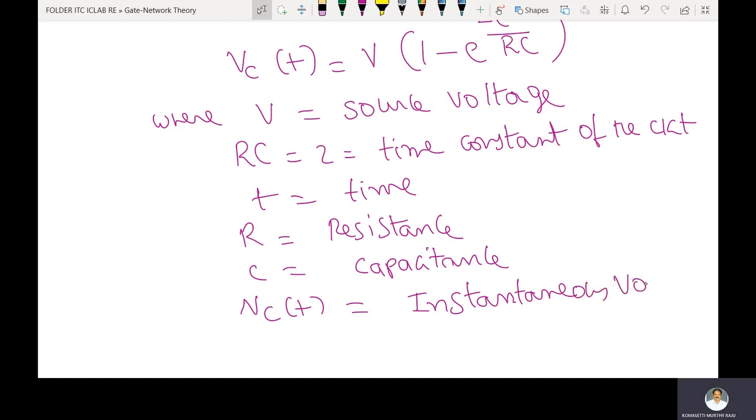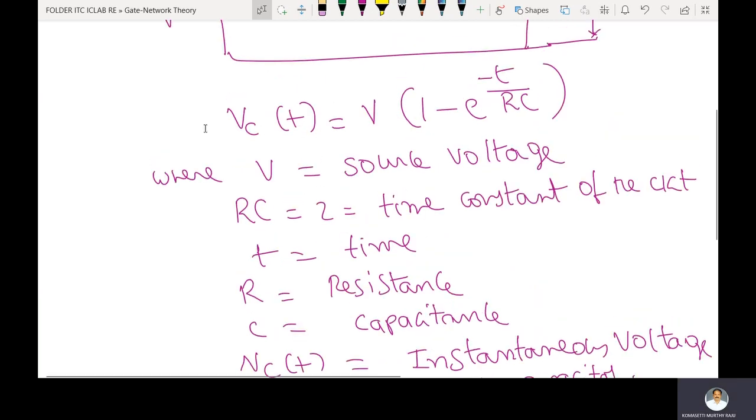These are the parameters which are present in the derived equation.